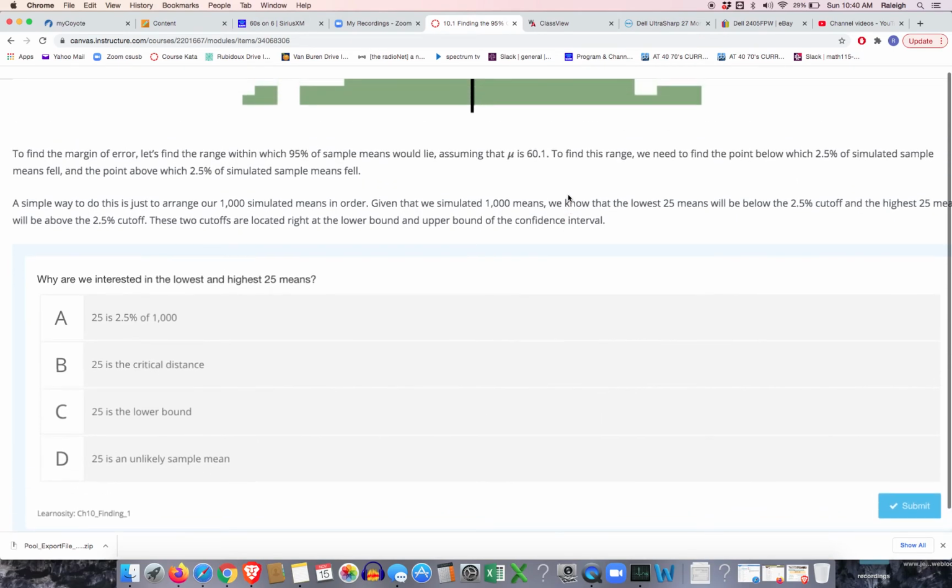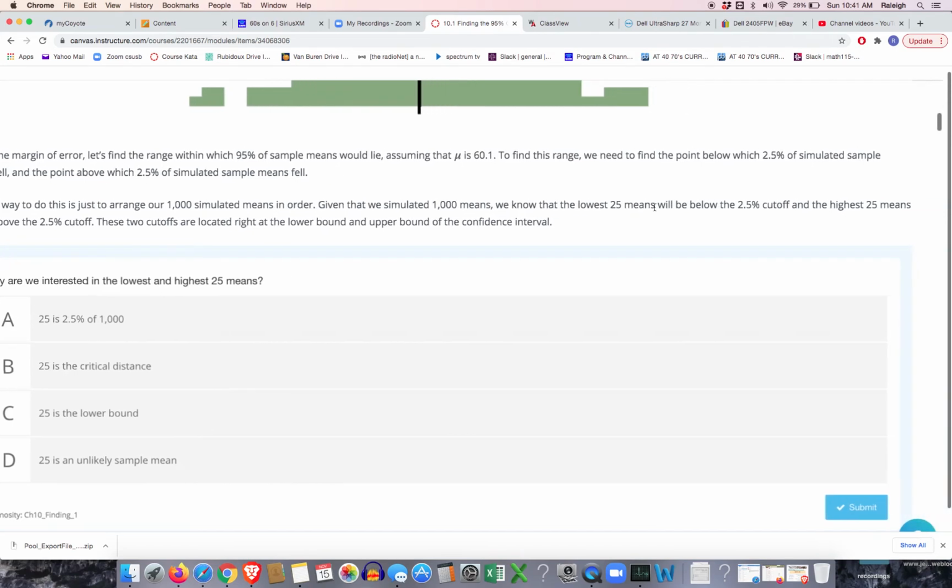Okay, so a simple way to do it is just to arrange our 1,000 simulated means in order. Given that we simulated 1,000 of them, 2.5% of 1,000 would be the lowest 25 means. Those are the ones that are considered too extreme to the left. Not talking politics here.